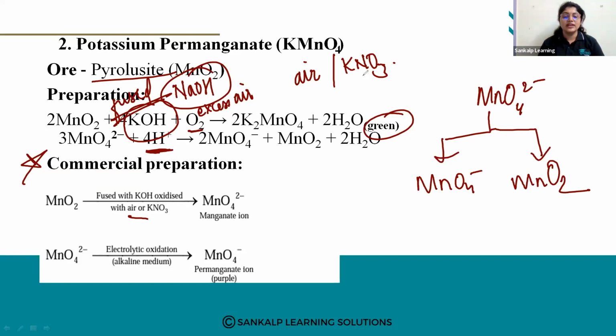Further, when it is acidified, it is converted into a purple solution. So the manganate ion is green, and when converted to the permanganate ion, it is purple. So transition elements play with color. So this is the preparation.